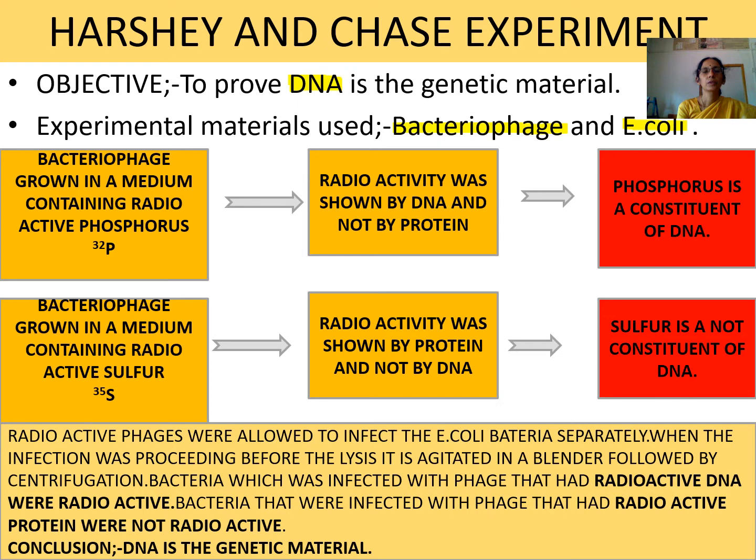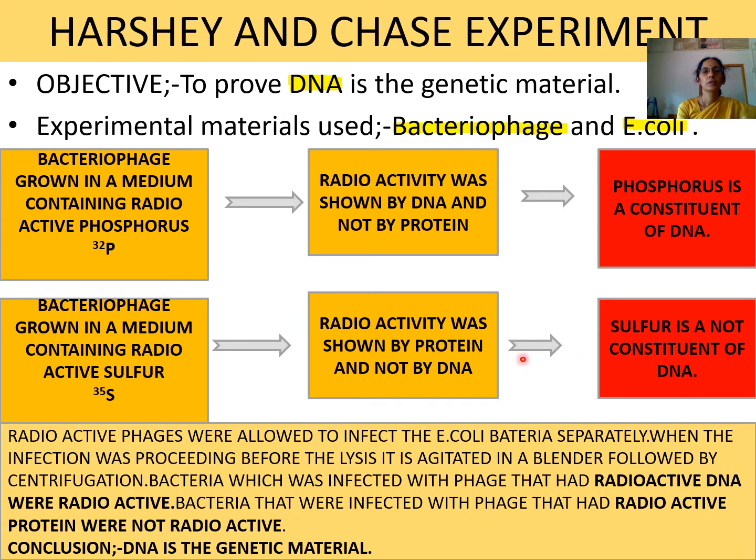Some of the phage particles were grown in a medium that contains radioactive sulfur. This time the radioactivity was shown only by protein and not by DNA. The reason is sulfur is a constituent of protein.